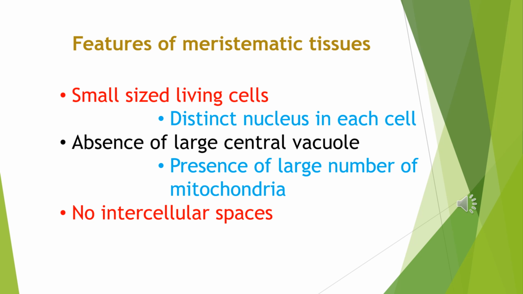There is a presence of a large number of mitochondria. Mitochondria help to produce energy inside the cell. So, meristematic tissues are the reason for the growth of the plant. For that activity, there are a large number of mitochondria in meristematic tissues, and no intercellular spaces can be seen in meristematic tissues. Those are the features or characteristics of meristematic tissues.